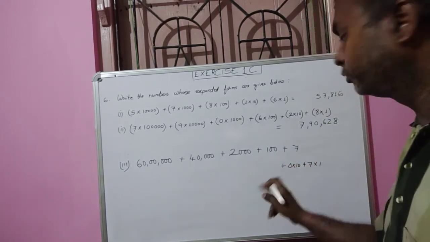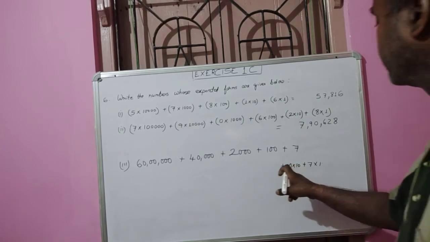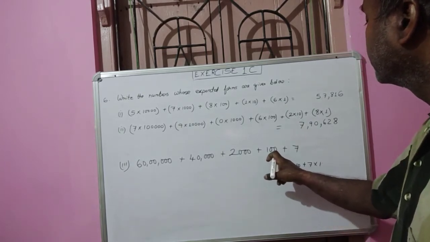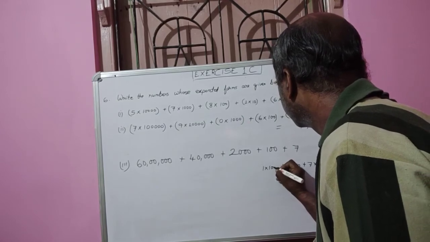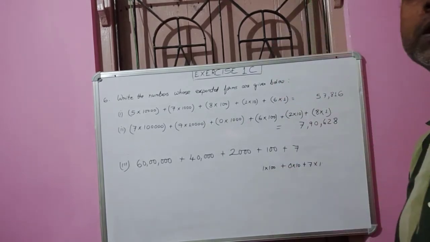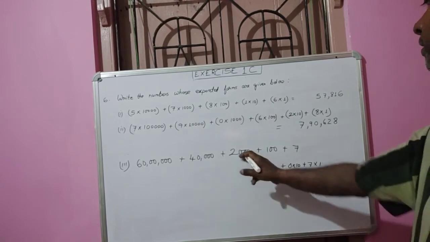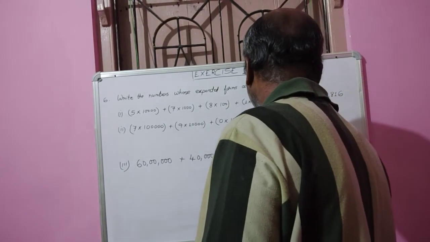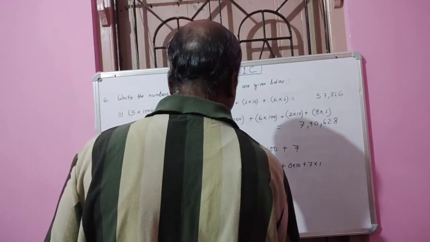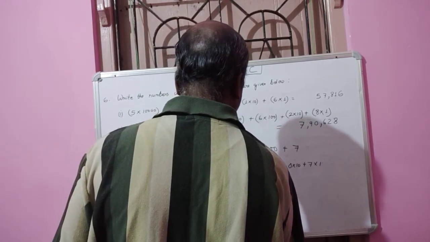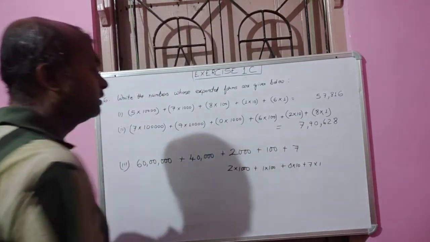I am doing reverse, so I am finding it a bit awkward. Now comes 100. 100 can be written as 1 into 100, or you can say 1 is in hundreds place. Then comes 1000, and in thousands value you have 2000. 2000 can be written as 2 into 1000. That means 2 is there in thousands house.